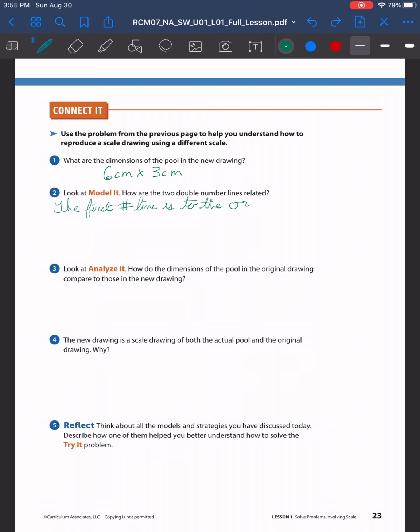Original drawing to the actual pool. The second number line is the actual dimensions to the new scale.